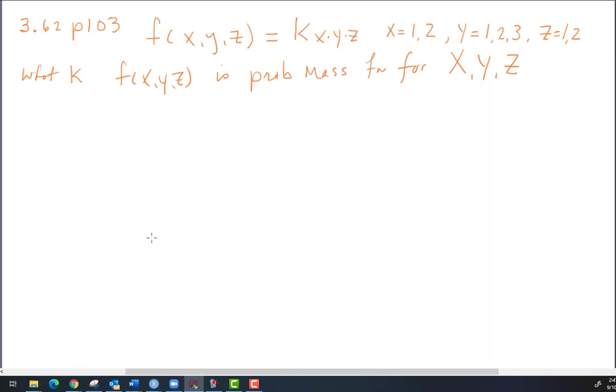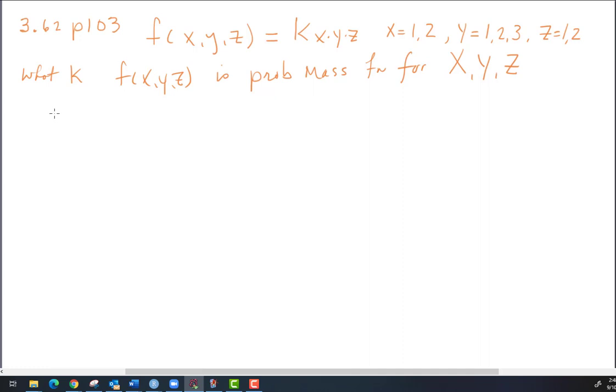Maybe we're looking to sample a person, and x is equal to the number of children that person has, y is equal to the number of cars that person owns, and z is equal to whatever you want, say the number of computers in the house. So there are 3 variables, x, y, and z, but what they are is not important for this problem. We've got to find the value of k that will make this a probability mass function.